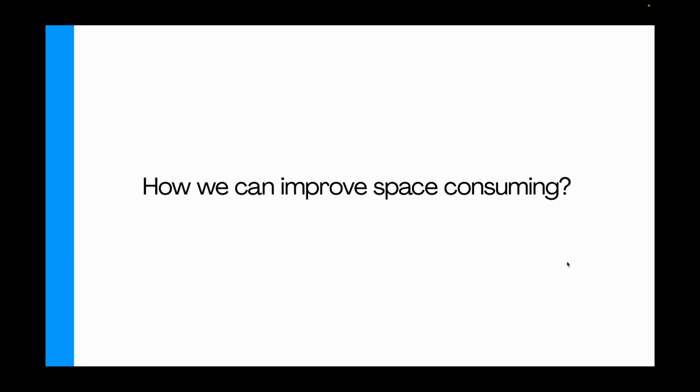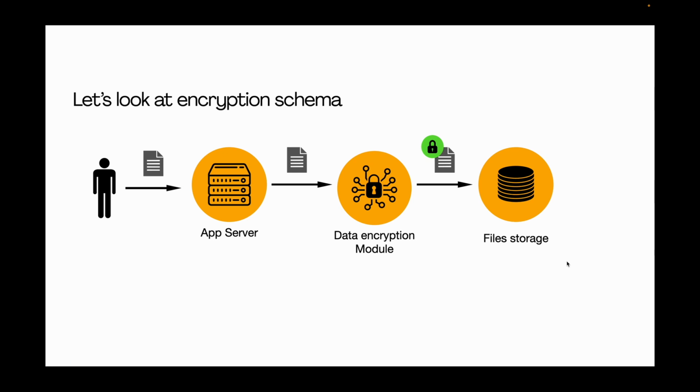We have already discussed file encryption. Let's see how else we can prepare files before saving them to the storage. Space on our servers is not free, so it would be a good idea to compress files before saving. Let's add a module for compressing as well. In reality, both modules, compression and data encryption, may be allocated on the same server or they may be separated.